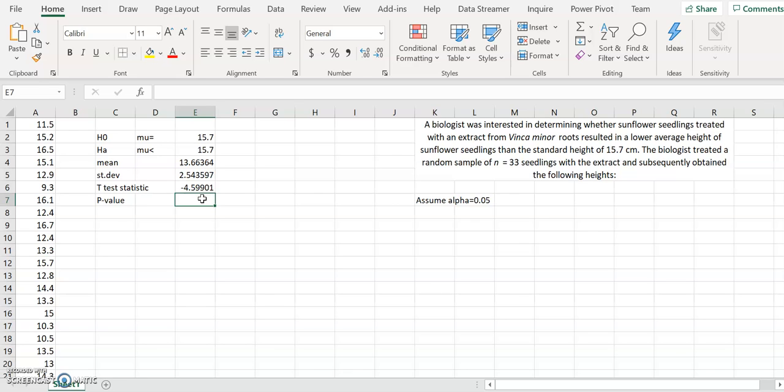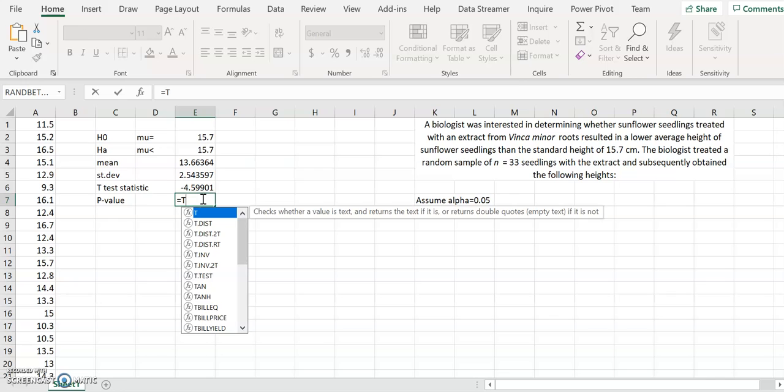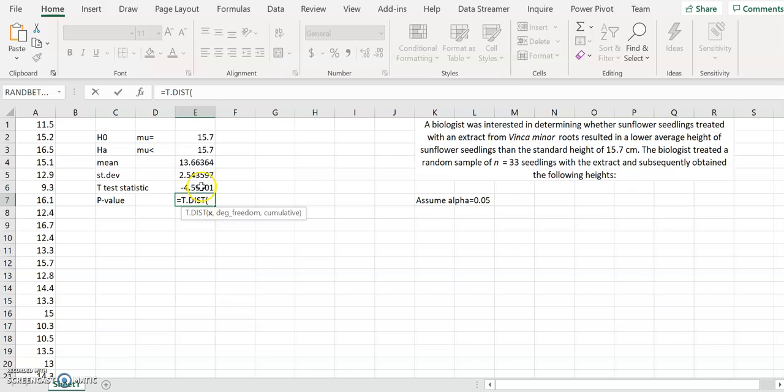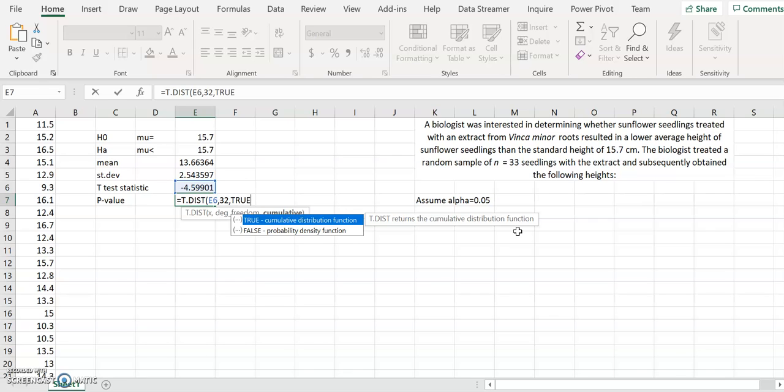So that is a left-tailed test, so we're going to use T.DIST. Our x value is our test statistic. The degrees of freedom is n minus 1, so in this case that's 32. And we do want it to be cumulative, so we're going to type TRUE.